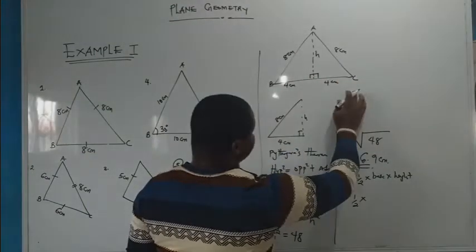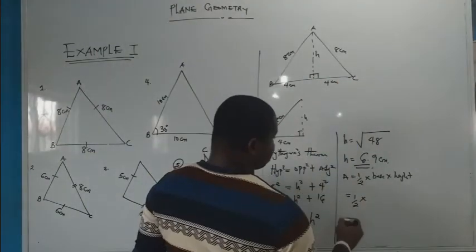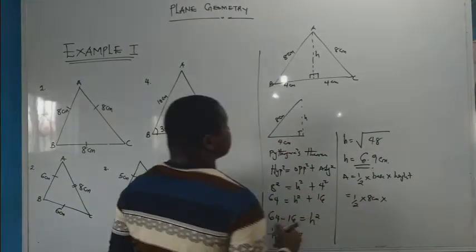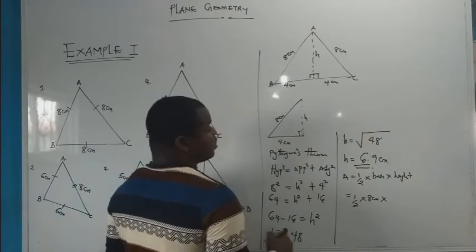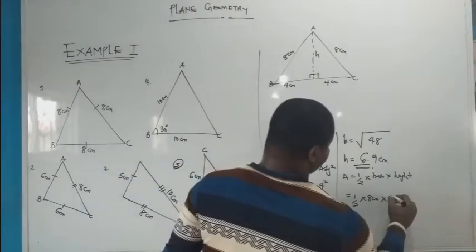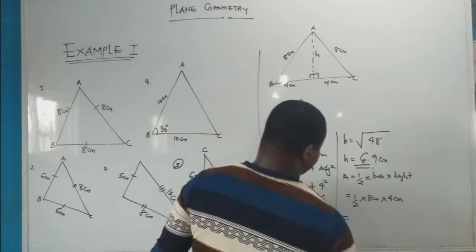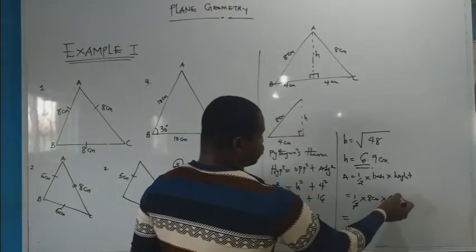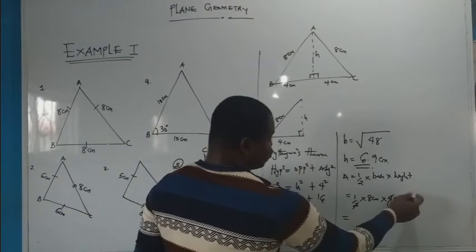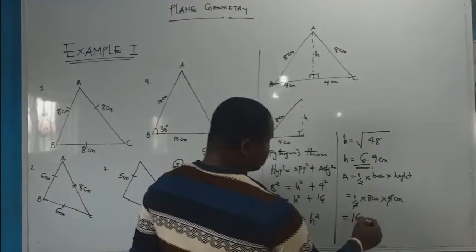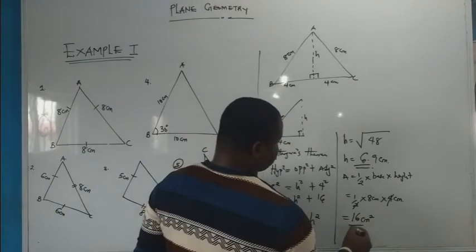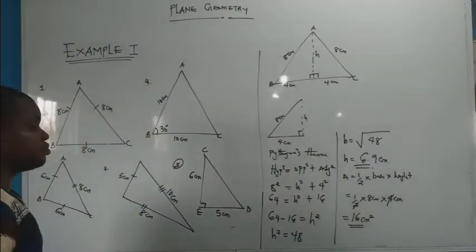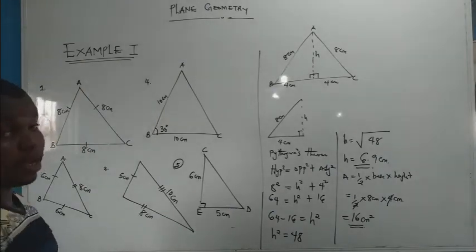The length of the base is actually 8 centimeter, times the height, which is 4 centimeter. We have 2 and 2, giving us 2 times 8, that will be 16 centimeters squared. So this is the area of the first triangle.